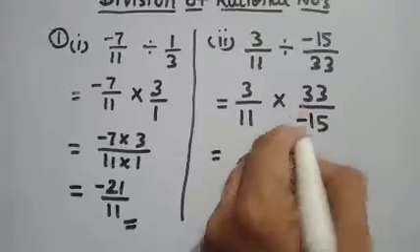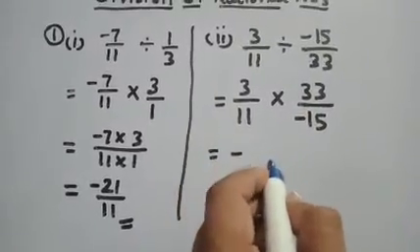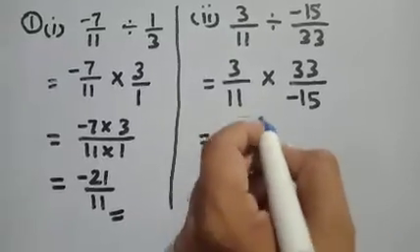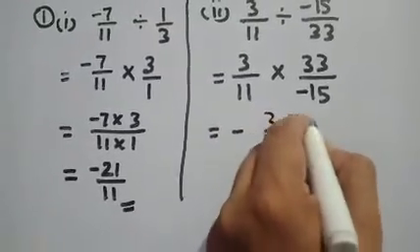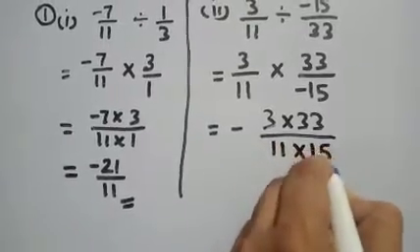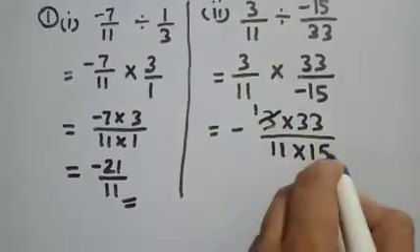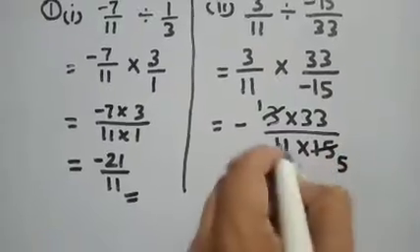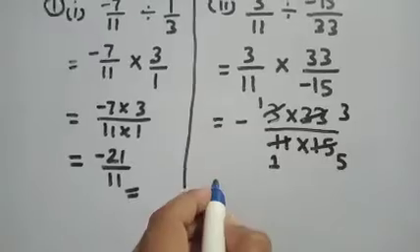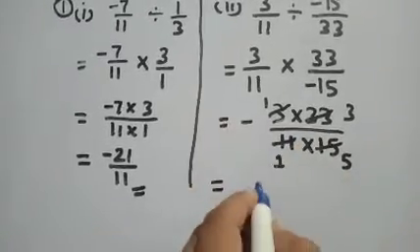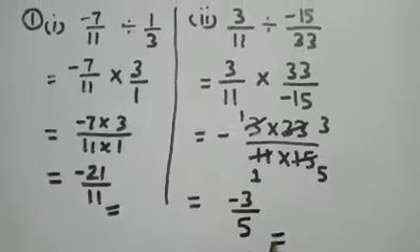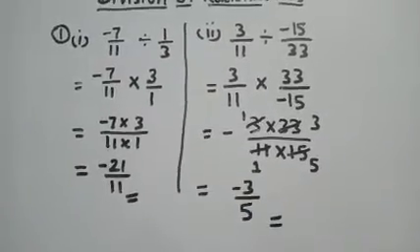There is a single negative, you can note it down before the solution. Now 3 multiply 33 upon 11 multiply 15. Now 3 ones are 3, 3 fives are 15, and 11 ones are 11, 11 threes are 33. So the result is minus 3 upon 5. So student, I hope you will understand.